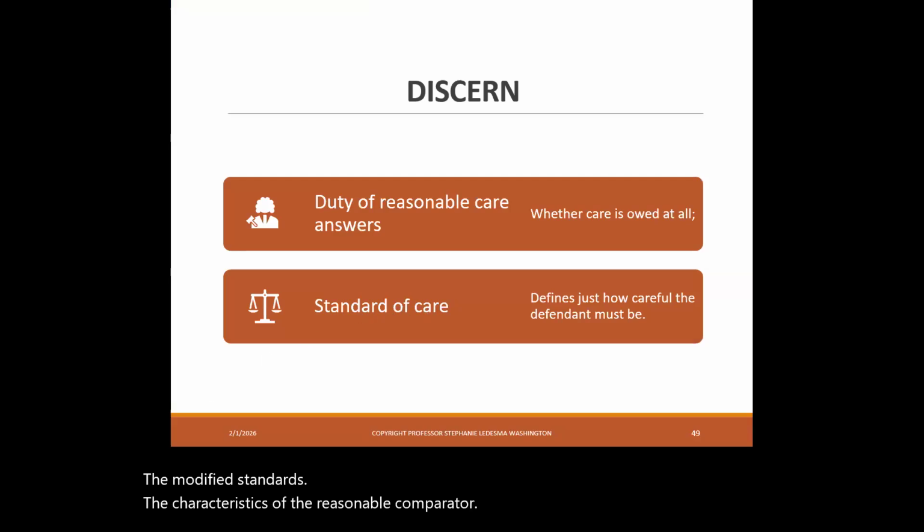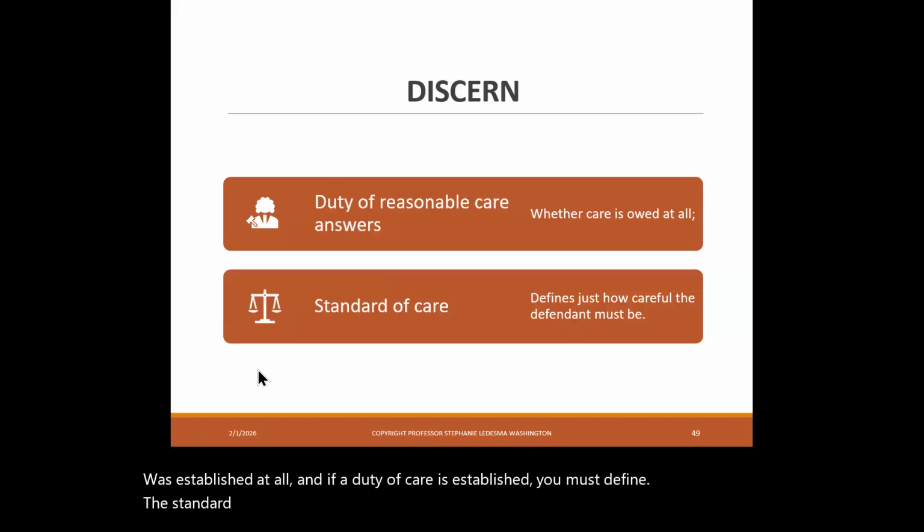So, again, if you're asked to determine if the defendant owed the plaintiff a duty of care, you're not done until you have established whether the duty was established at all. And if a duty of care is established, you must define the standard of care, which means you must define one of the 9 standards from the table.